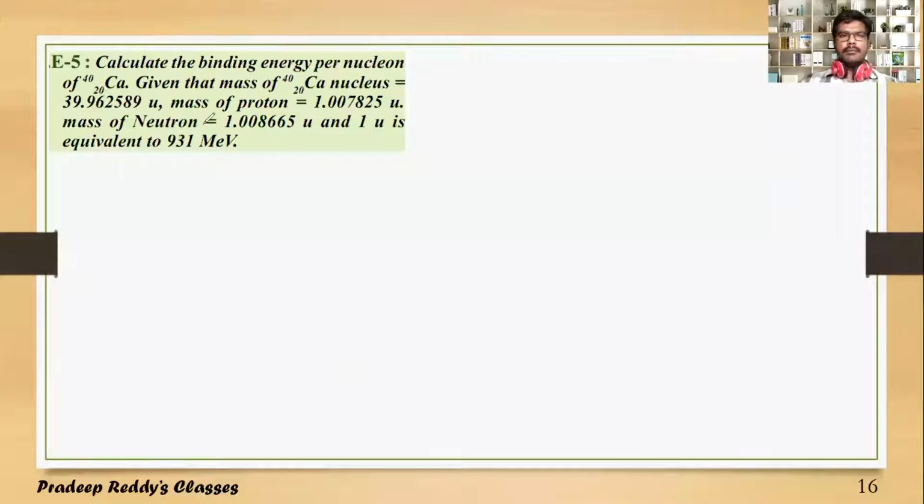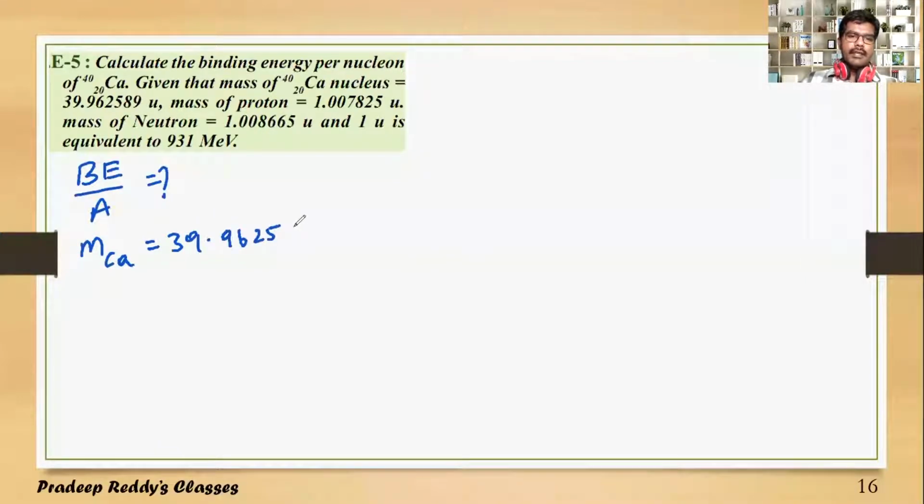The next problem: calculate the binding energy per nucleon of Ca 20 40, given the mass of the Ca nucleus is 39.9625 AMU.